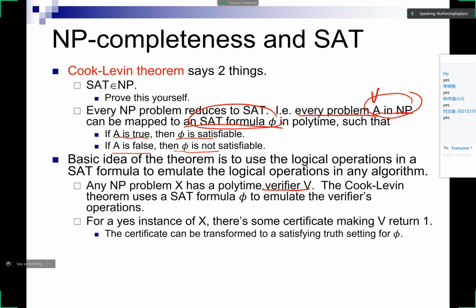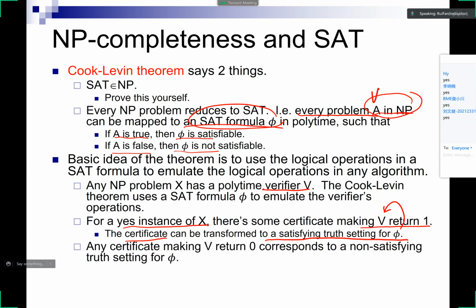And when you emulate the verifier, whenever you have a yes instance X, there's some certificate to make this verifier return 1. That's the definition of the verifier. And this certificate can actually be transformed into a satisfying assignment for this formula phi, where phi is modeling the V computation.